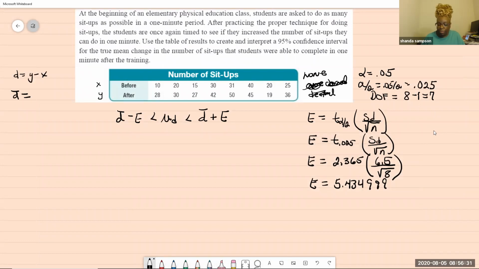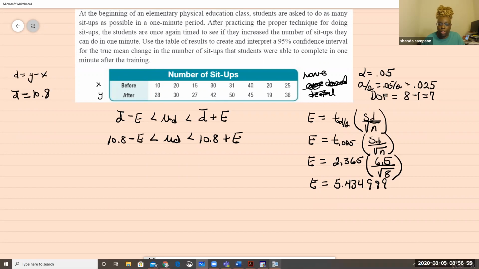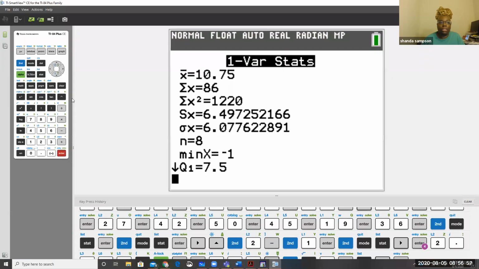It's 10.75, so it's 10.8. So d bar is 10.8. Now I could put minus E, or I could put minus that 5.43. I'm not writing all that. So 10.8 minus E is less than mu sub D, which is less than 10.8 plus E. Good enough. Now we go to our calculator and we run the test because the calculator is going to keep all of our digits.